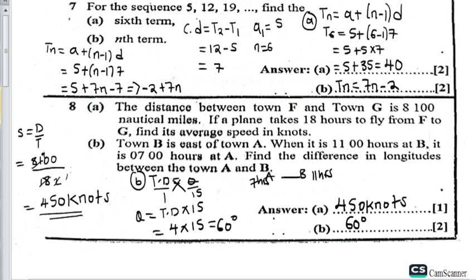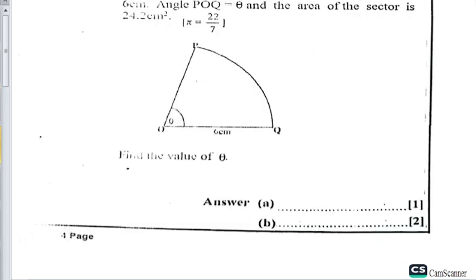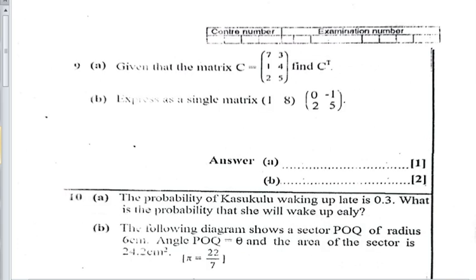Then we proceed to question 9. It's not that clear, but hopefully you'll be able to see. We've been given the matrix C, find C transpose. I think that is one of the simplest. How do you find the transpose of a matrix? C transpose is equal to... if you're transposing a matrix, we are just changing the rows into columns and the columns into rows.